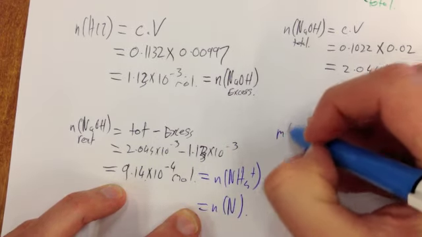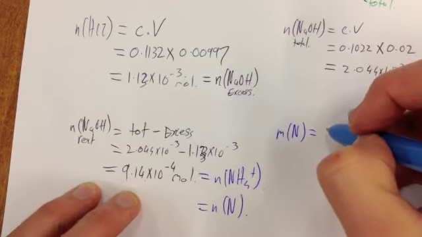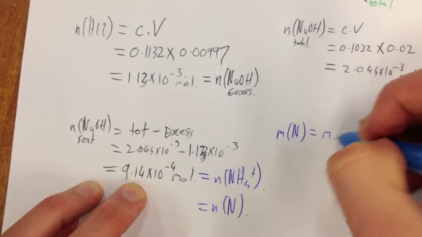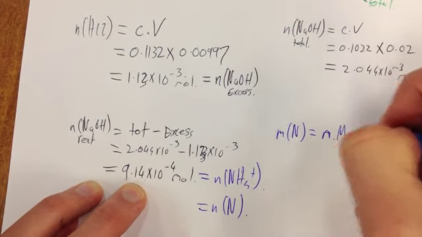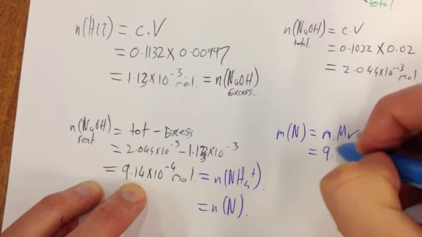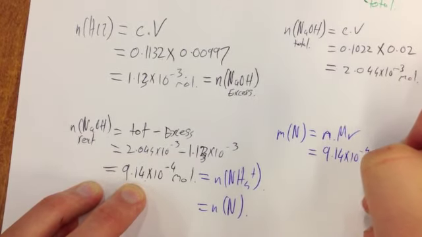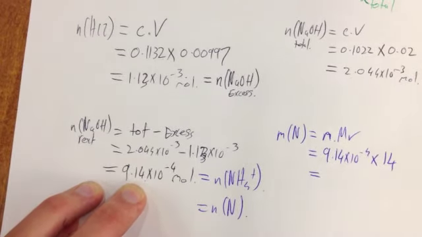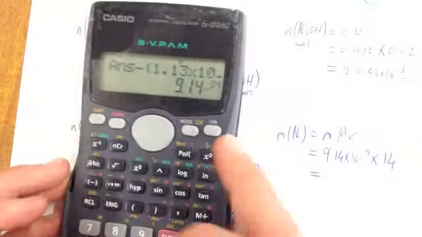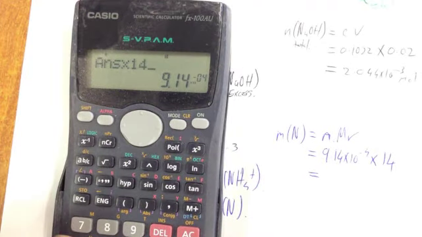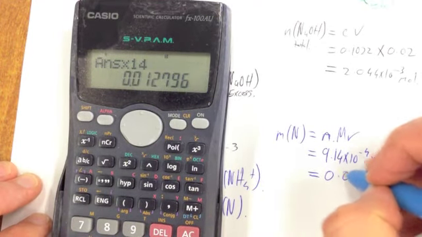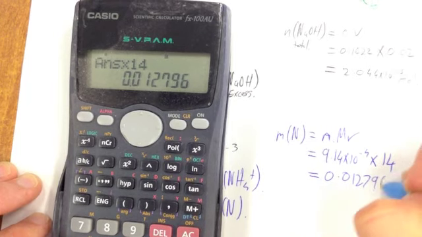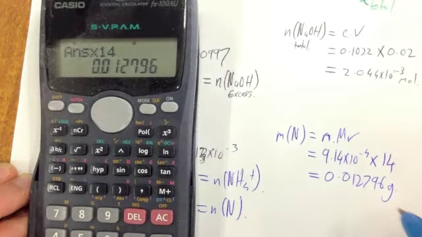We can get a mass of nitrogen, which will be equal to number of moles times molar mass: 9.14 times 10 to the power of negative 4 times the molar mass of nitrogen, 14. Our mass of nitrogen will be 0.012796 grams of nitrogen.